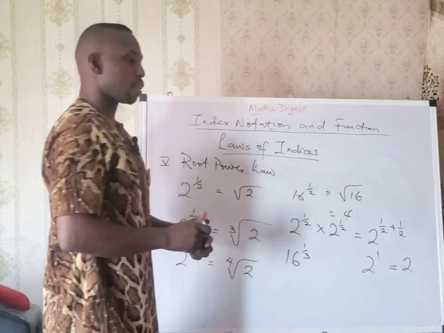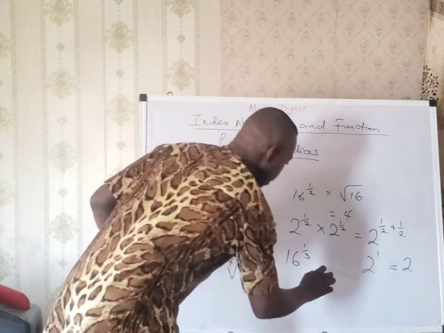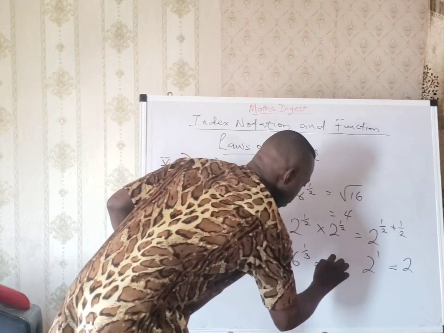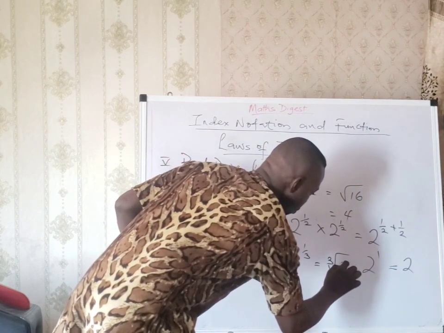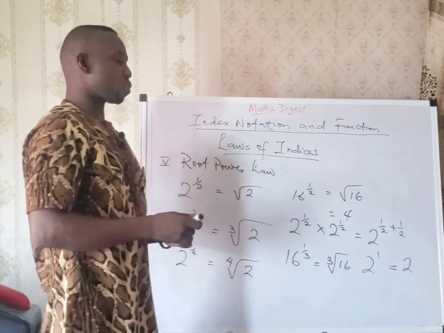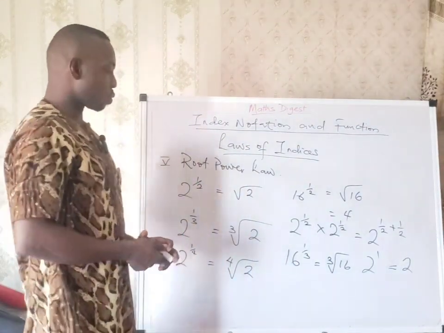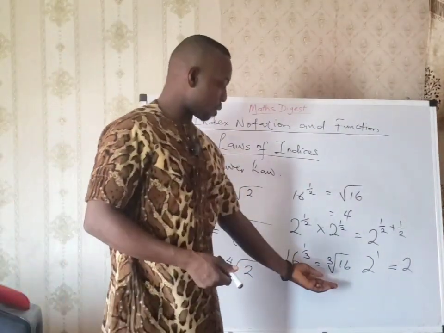Now, for instance, if you have 16 raised to power 1/3, this is simply telling you that you have the cube root of 16. And the cube root of 16 maybe cannot be determined.